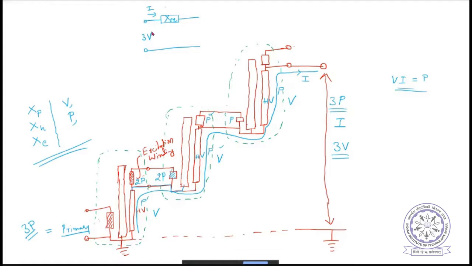So what is XEQ if I use this equivalent circuit? I and XEQ.